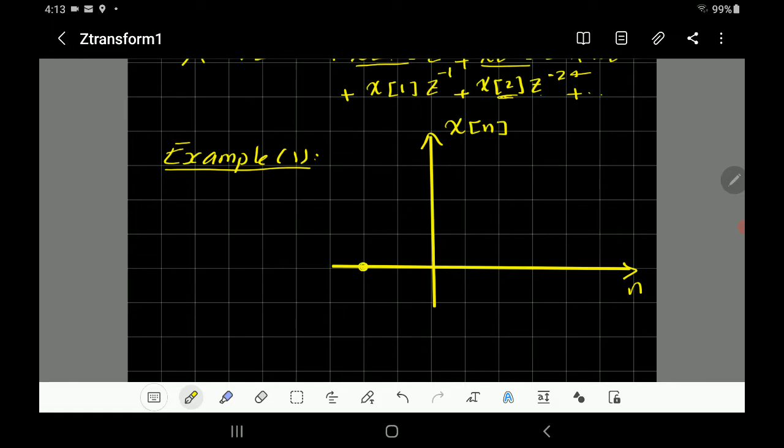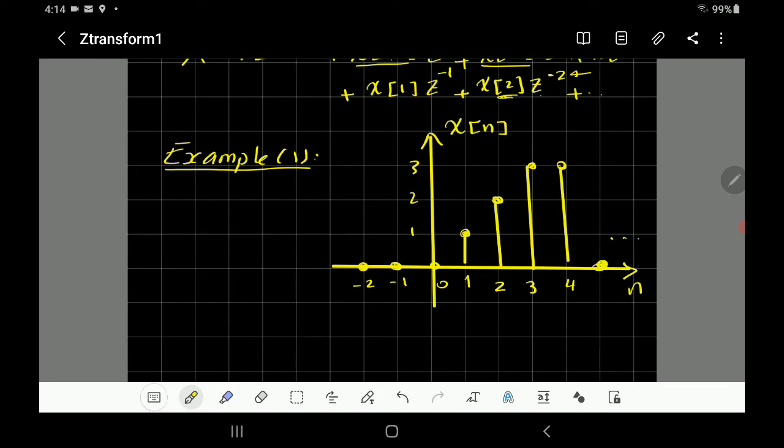It's 0 at the negative n, and at 0 still 0, and at 1 is equal 1, at 2 is equal 2, at 3 is equal 3, at 4 is equal 4, then at the next it's equal 3, and after that it's going to be 0 again.